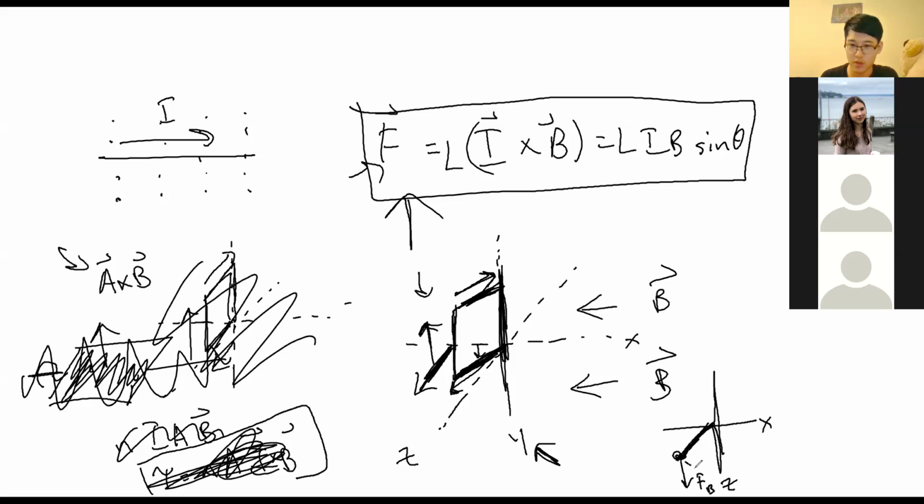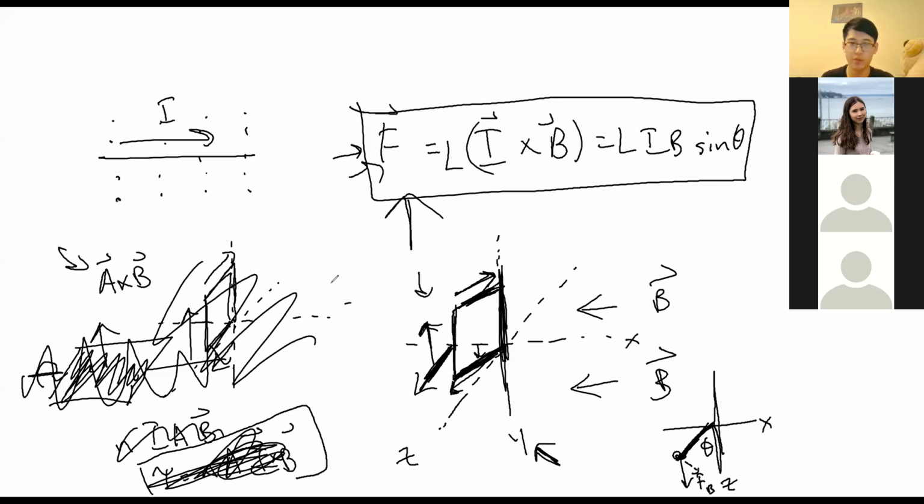So this produces a torque in this direction, and that torque is basically the magnetic force times sine theta, and that's how you would find the torque on such a problem, right? So you're just using this equation. So how is that different from the NIAB sine theta one?